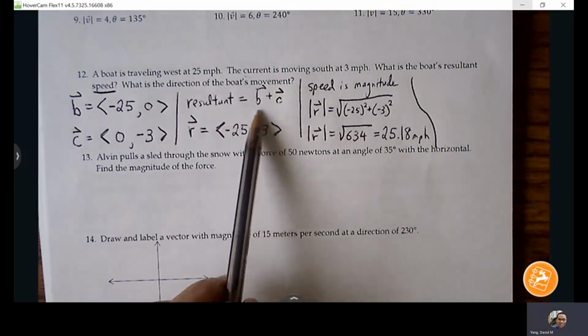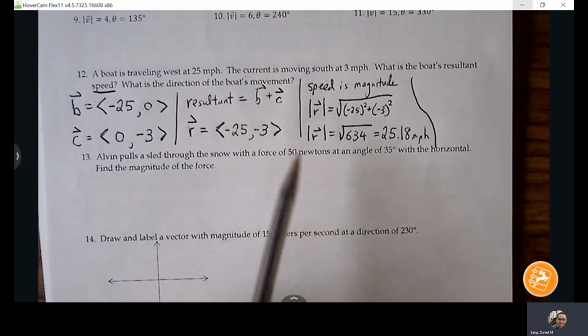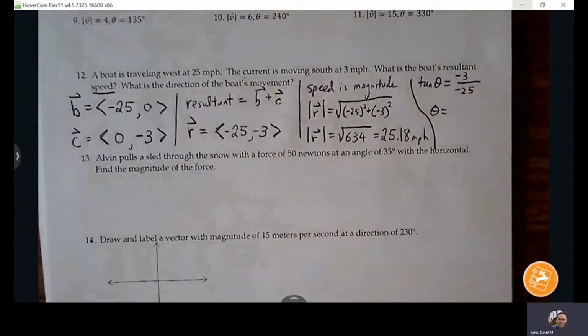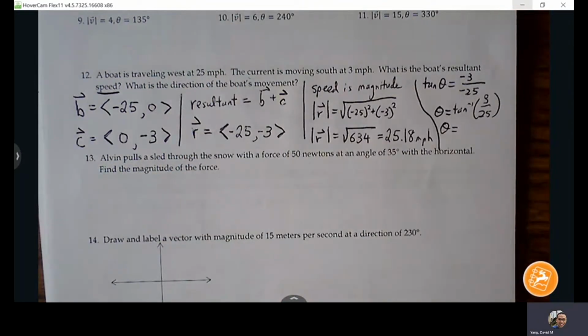Which quadrant is this going to be in? Third quadrant, right? So whatever angle we get using tangent, we've got to add 180 to it. Remember, tangent theta is b over a. Inverse tangent. Make sure you're in degree mode.